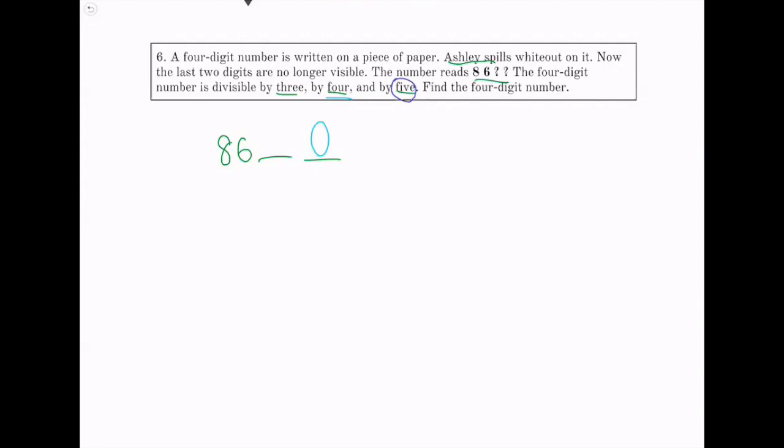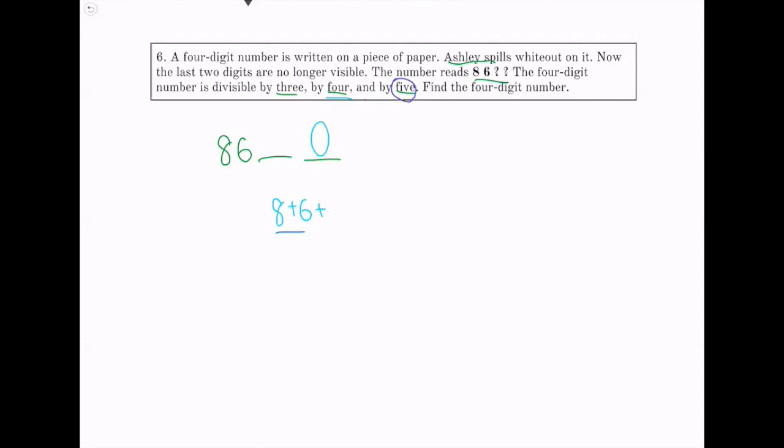The last digit is 0. What about the second to last digit? We must have 8 plus 6 plus some value. We don't know what it is. What's the smallest multiple greater than 86?